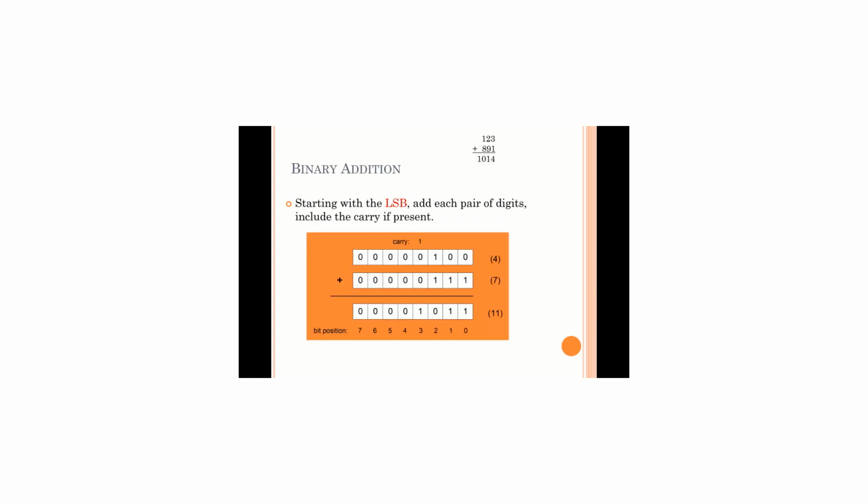Now, how to add two binary numbers? Just like what you learned in elementary school, how to add two decimal numbers together, the technique is exactly the same. So here we are going to add two binary numbers, 00000100.